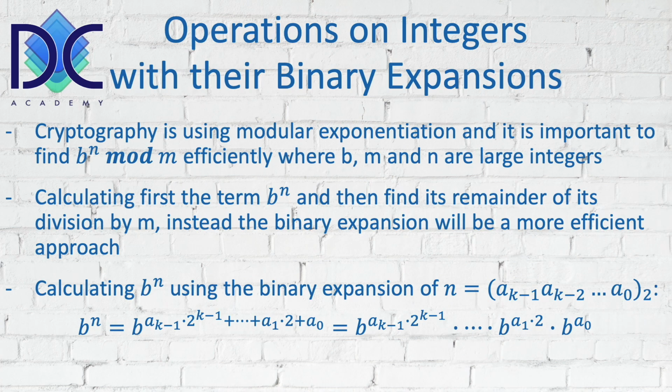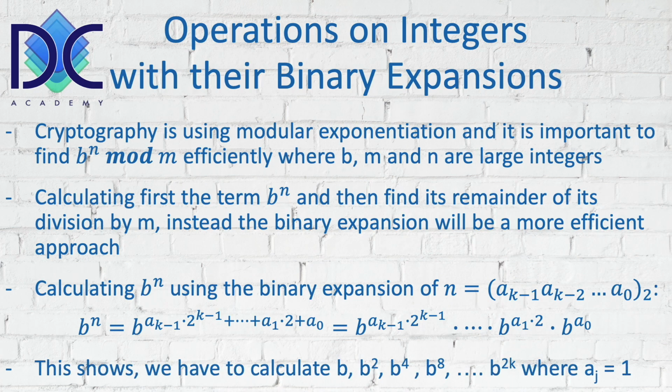And we continue that till we reach the last terms, and for the before-last term, we find b to the power a_1 times 2 times b to the power a_0. And that's in fact what we are going to calculate.